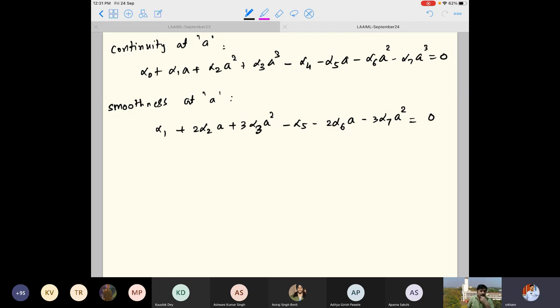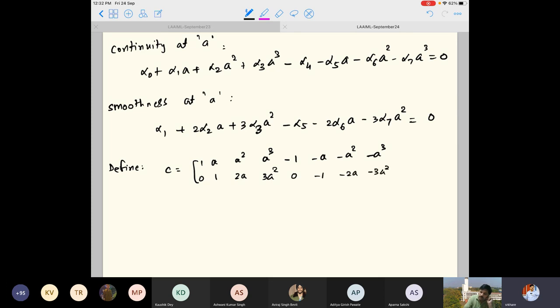So if I write down these conditions in matrices, let me define the matrices. Suppose I define the matrix C to be this matrix: 1, A, A square, A cube, minus 1, minus A, minus A square, minus A cube. And then the second row is 0, 1, 2A, 3A square, 0, minus 1, minus 2A, minus 3A square.